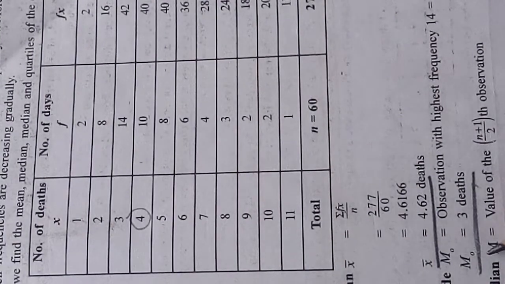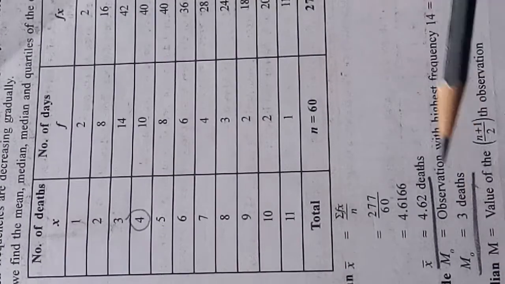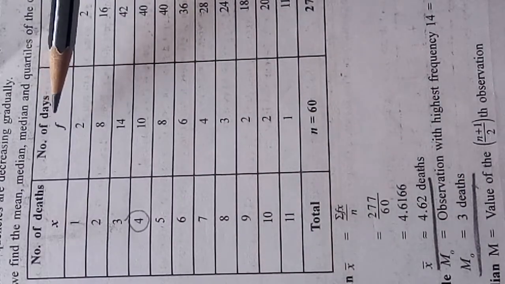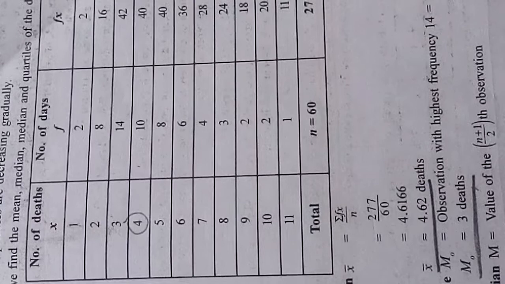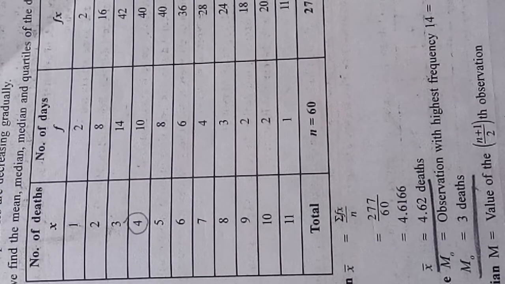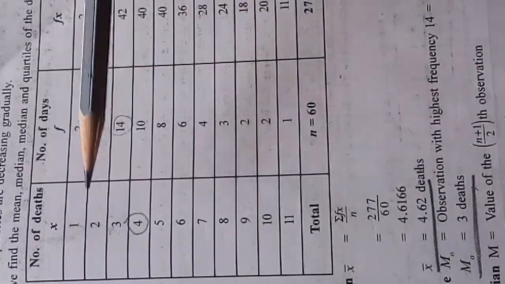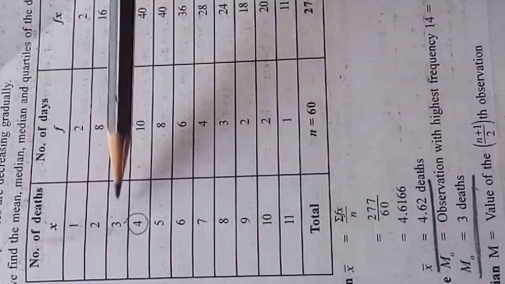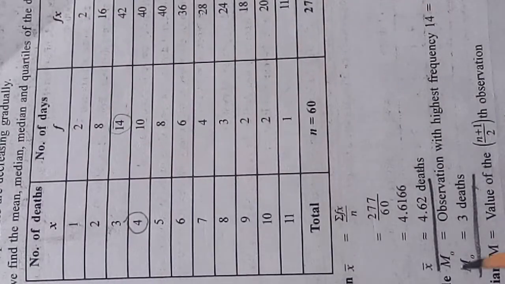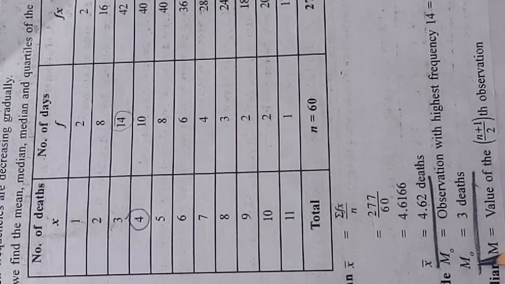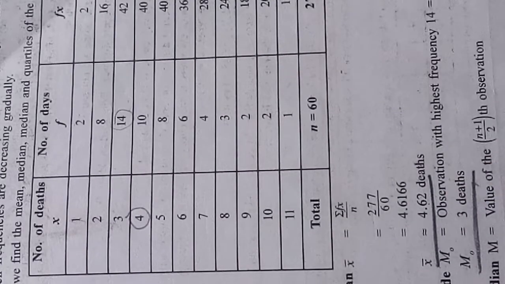And here median M is 4. And mode is the repeating frequency. So you can see here which frequency is repeating maximum. Observation with highest frequency. So here the highest frequency is 14 and it is of 3, means mode is 3. So now you can see here mean 4.62, mode 3 and median 4.